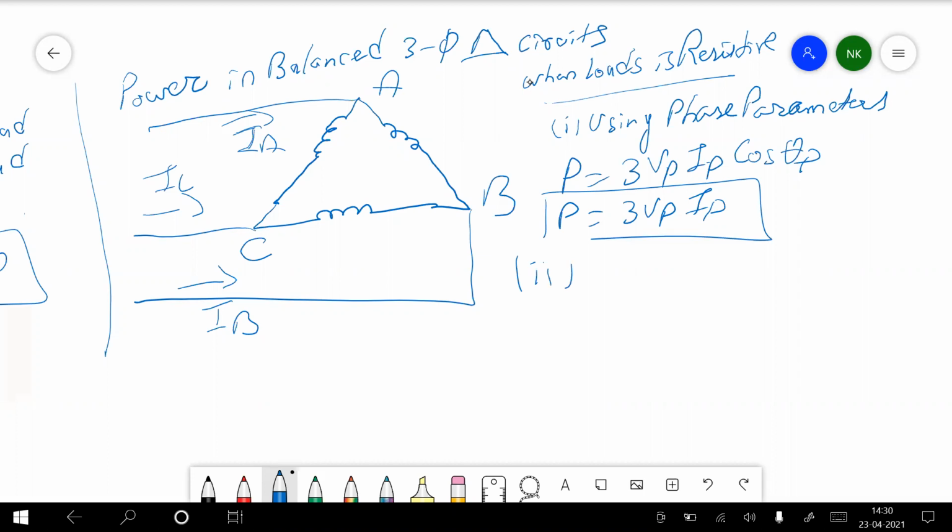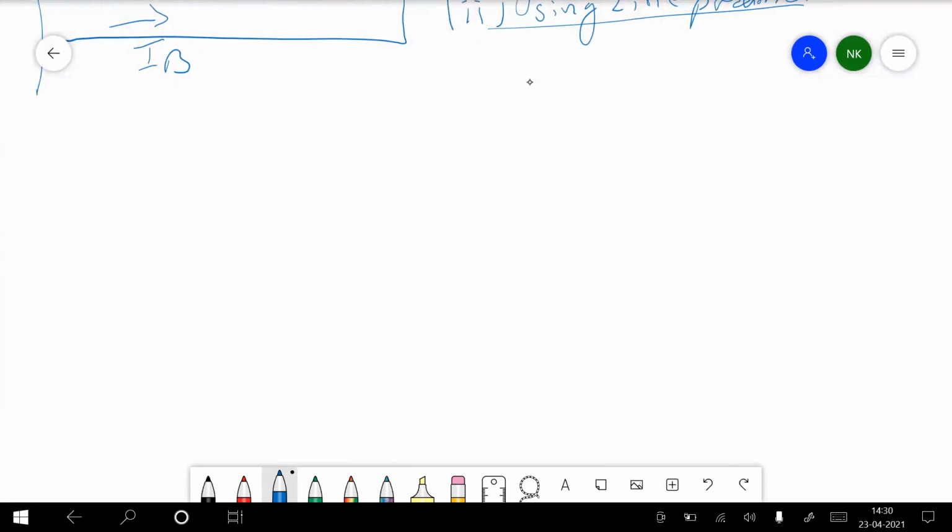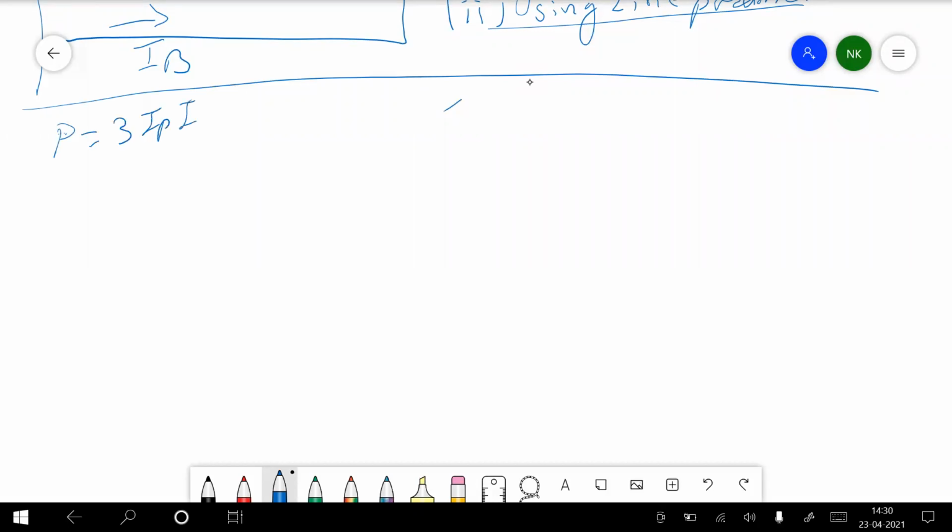Second, using line parameters. We have P equals 3 Ip Vp cos theta, right?